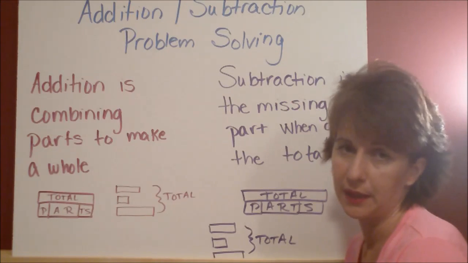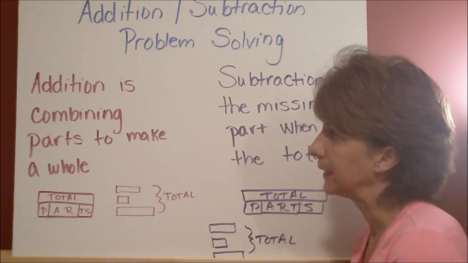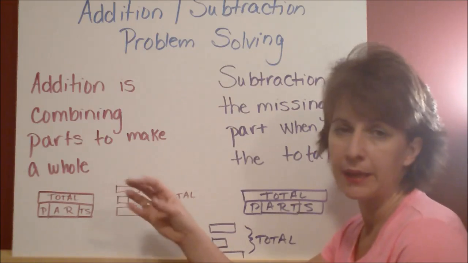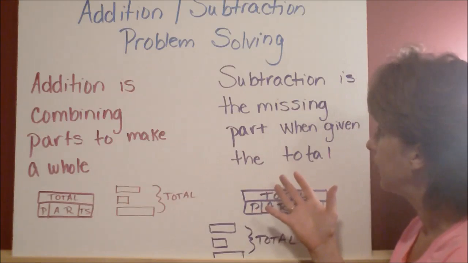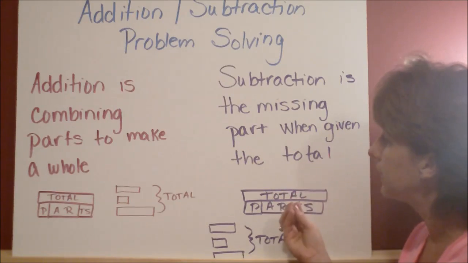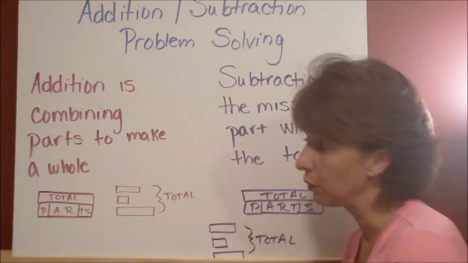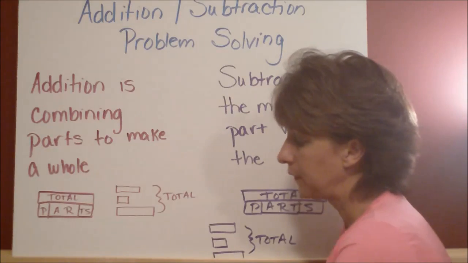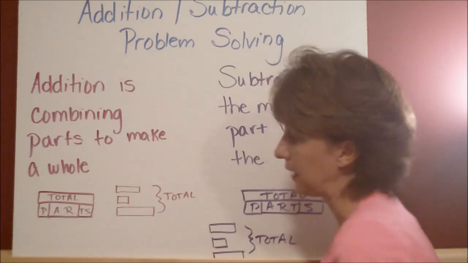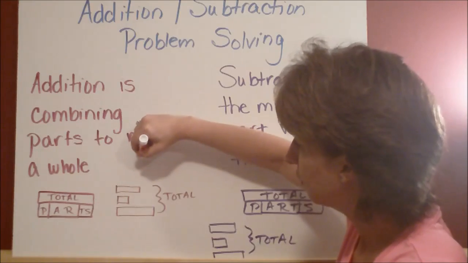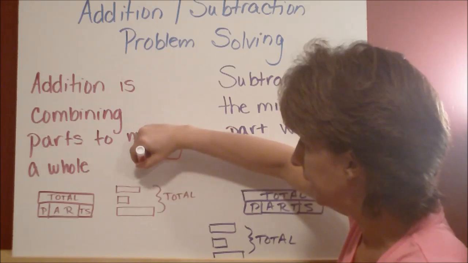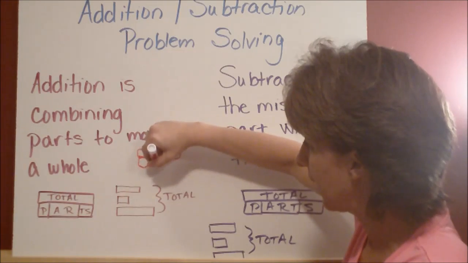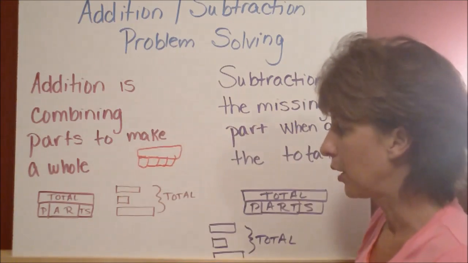A couple things that I'd like for you to remember. Addition is combining parts to make a whole, and subtracting is finding the missing part when you're given the total. You can think of each set of these like blocks, and the total represents the set of parts.